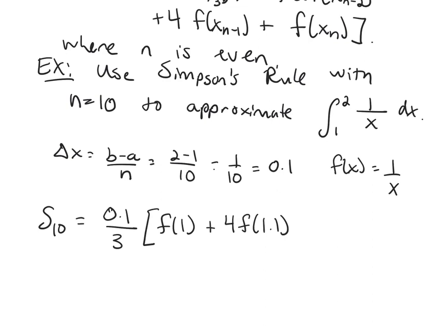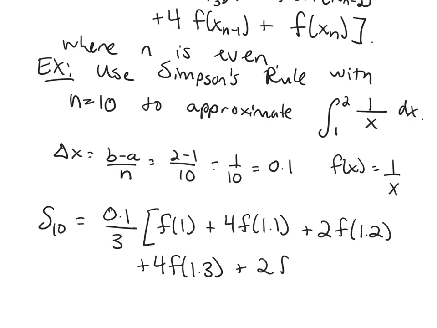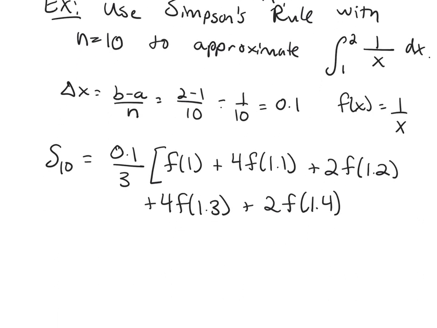Remember, they alternate between 4 and 2. Then 2, f of 1.2. Then 4, f of 1.3, 2, f of 1.4, and let's go all the way up until you get to 2. On 2, you no longer have a coefficient, it's just a coefficient of 1 now. So you keep going.